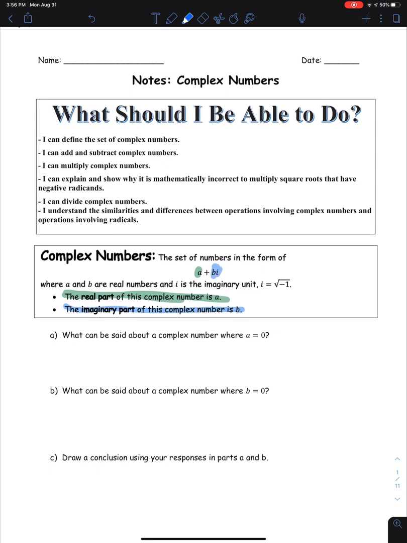So we're going to look more into what qualifies as a complex number in A, B, and C. Let's take a look at A. It says, what can be said about a complex number where a is equal to 0? Take a couple minutes, pause the video, and think about that. Try and answer that question, and play it once you're done.